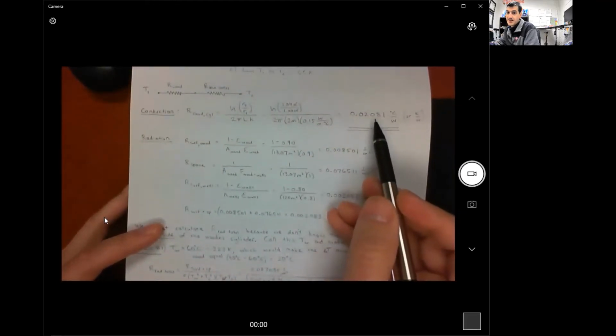I'm taking the conduction thermal resistance from up here where we calculated that, and adding it to our R rad total that we just calculated based on our assumption. And I would get an R total of 0.033000 Kelvin per watt. All right, so that's the total resistance.